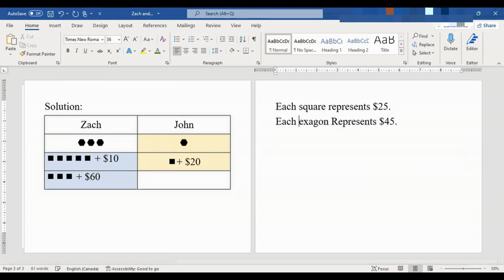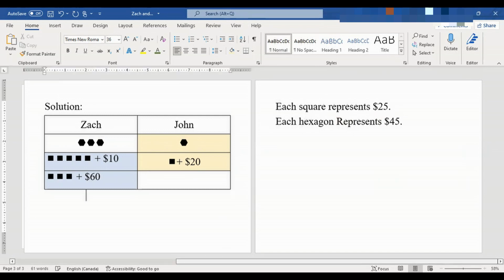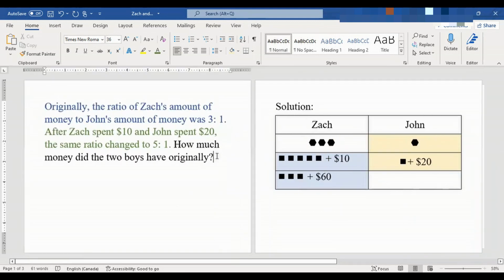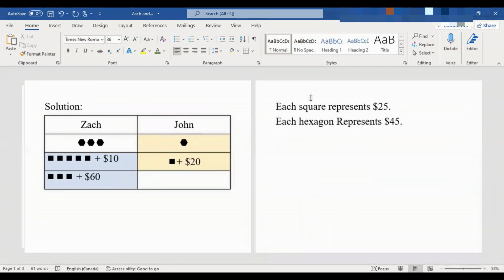Now we look at the last part of the question. The last part of the question, the not colored bit, says, how much money did the 2 boys have originally? And now, since we know the value of each of the shapes we used, we can figure that out. So we see that John has 1 hexagon, and we know that each hexagon represents $45.